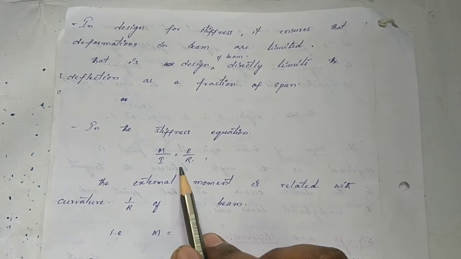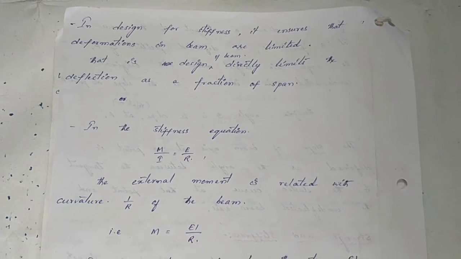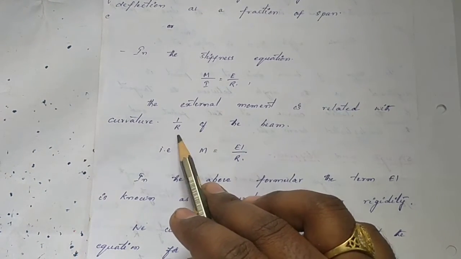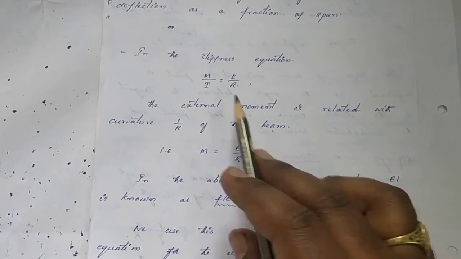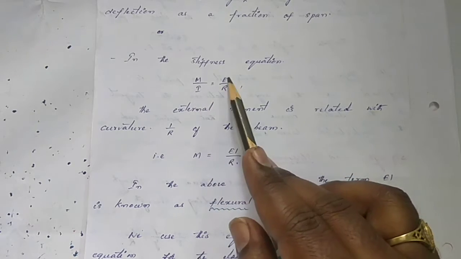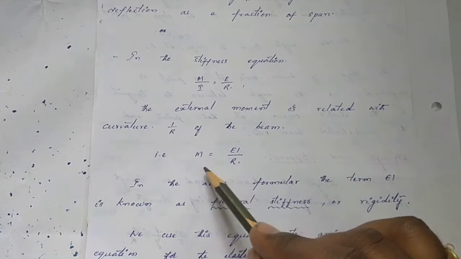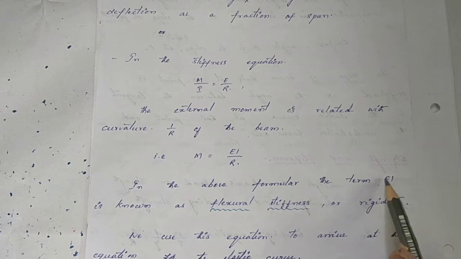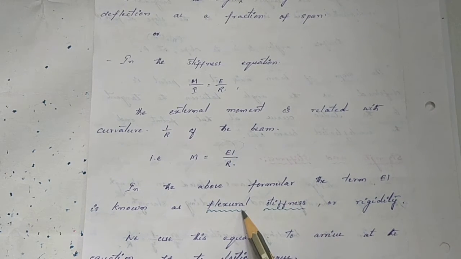In the stiffness equation, we know that M by I is equal to E by R. The external moment is related to the curvature, that is 1 by R of the beam. From this equation, we can write M is equal to EI by R, where the term EI is known as flexural rigidity or flexural stiffness.